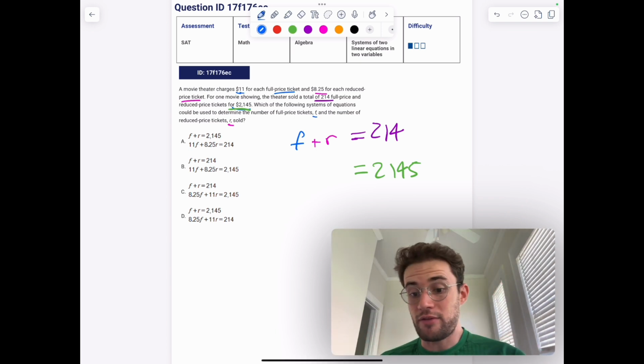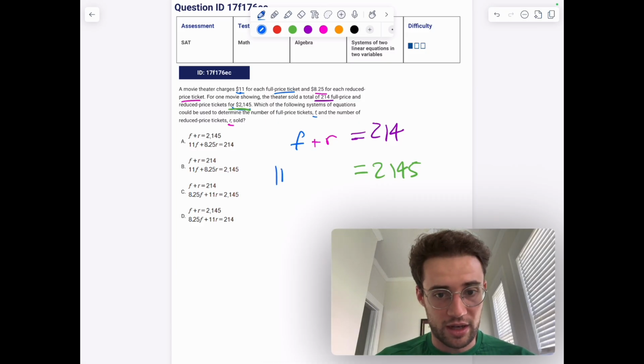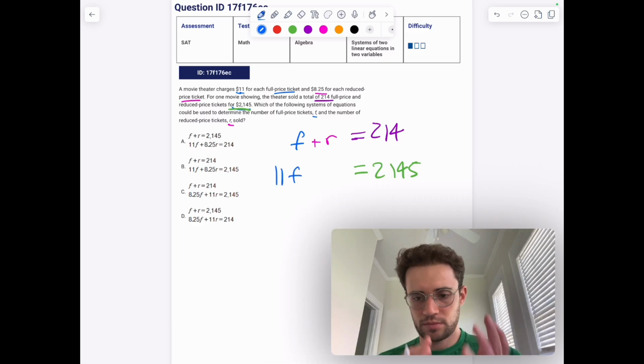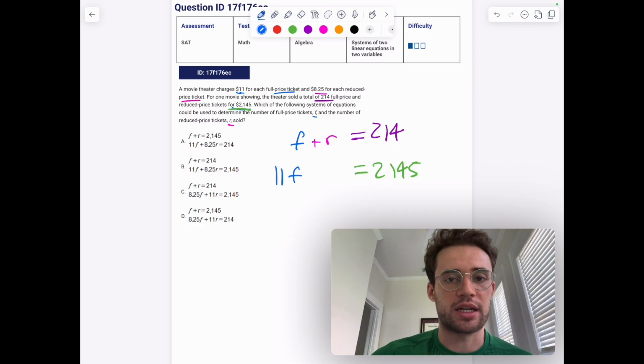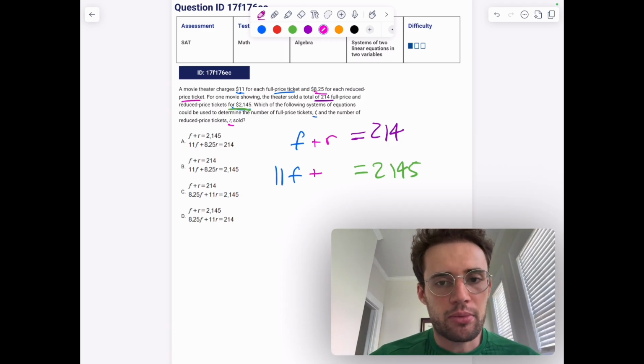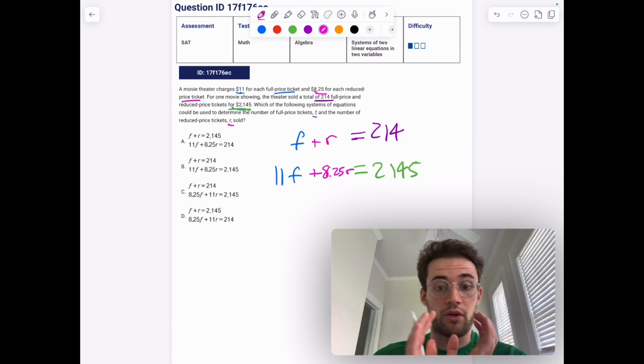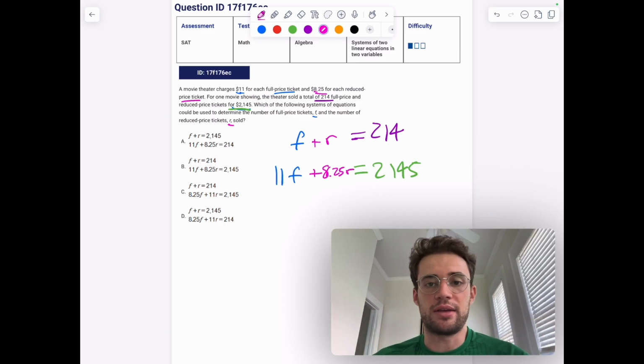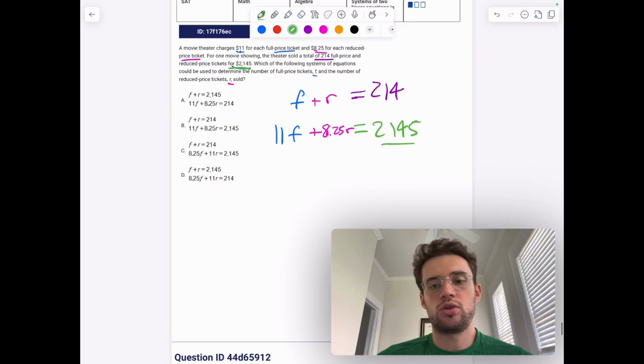So if you want the revenue from the full price tickets, you do 11 times the number of those tickets. Plus, the price per reduced ticket was $8.25, so 8.25 times the number of reduced tickets will give you the total revenue from reduced tickets. If you add those two up, it gives you the total revenue, which is $2,145. So these should be our two equations.